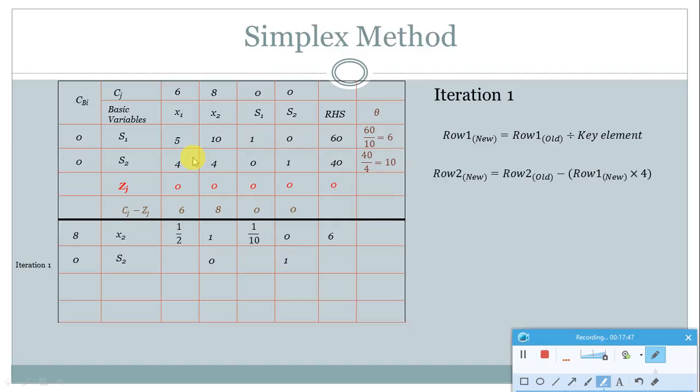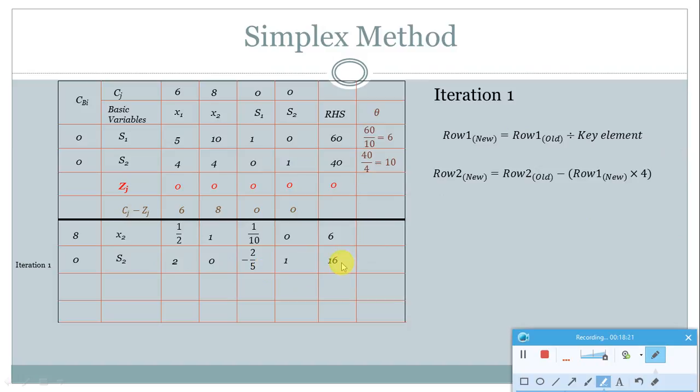So row 2 old 4 minus row 1 new 1 multiplied by 4. So 1 into 4 is 4, and 4 minus 4 will be 0. In this way, the values of row 2 will be obtained, and these values are 2 minus 2 by 5, 1 and 16.